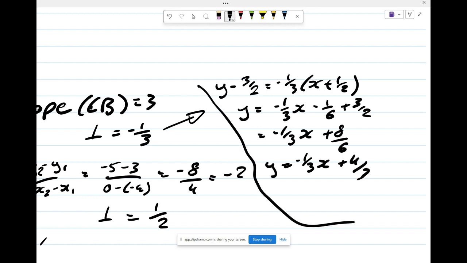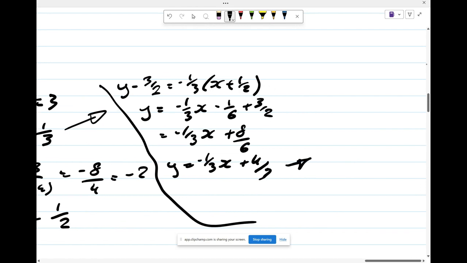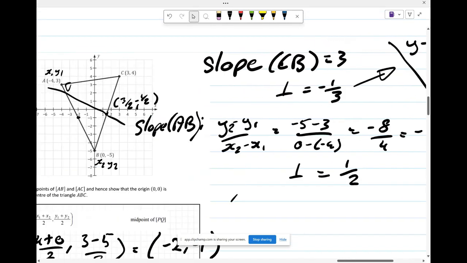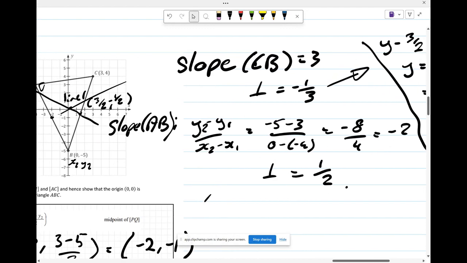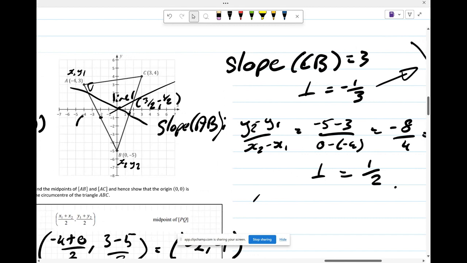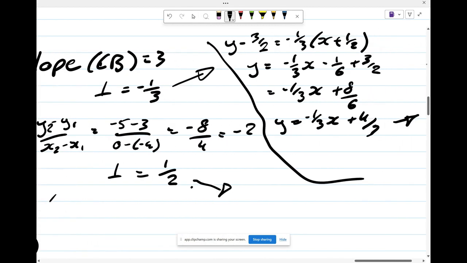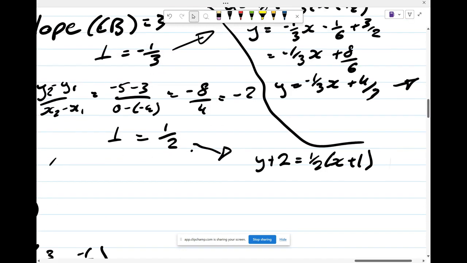So this is our equation for line 1. Now we're going to find line 2 and let them equal each other. Same kind of deal. We know the slope. We know the midpoint is -1, -2. So y minus -2 is equal to 1/2 times x minus -1.